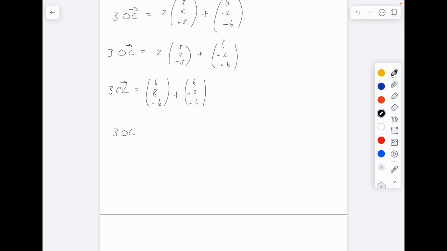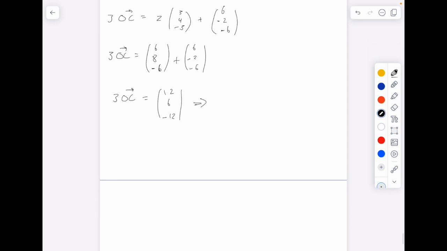Okay, so 3OC is going to equal (12, 6, -12).